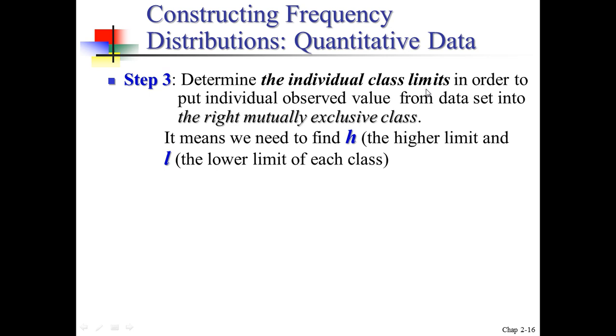But in step 3 right now, I'm not talking about the beginning point or the ending point, I'm talking about the low limits. The gap between low limits and high limits must be the same from one class to the next class. That's why in step 3 you need to find the class limits: L1 H1, L2 H2.